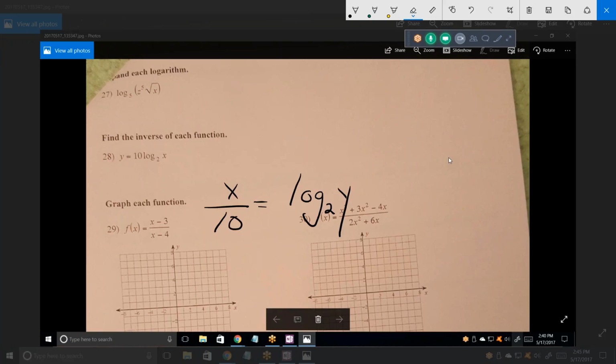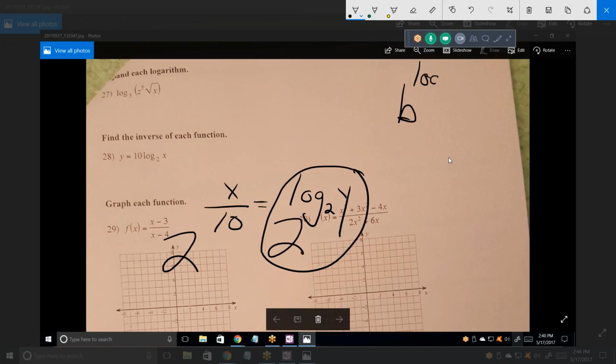Well, the base I'm going to make them exponents of is 2. Why? Because that turns into y. Because that 2 is the same as that base, it's always equal to that. In other words, if I have base to the log base b of x, that's equal to x. Always. Mm-hmm. So when I get that situation, it's a nice situation because it's equal to whatever this argument is. And that's what I'm trying to solve for, is y.